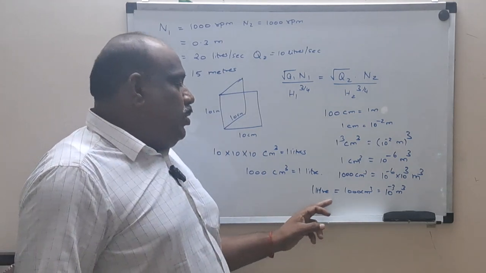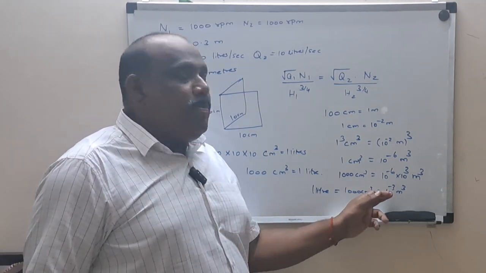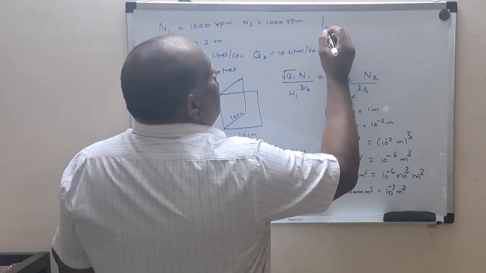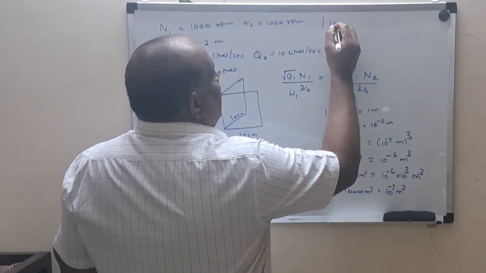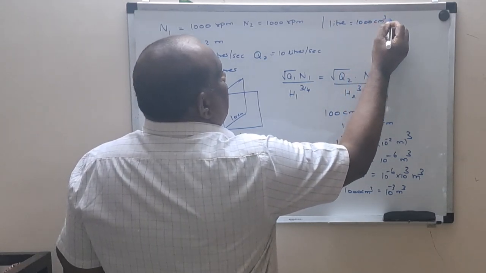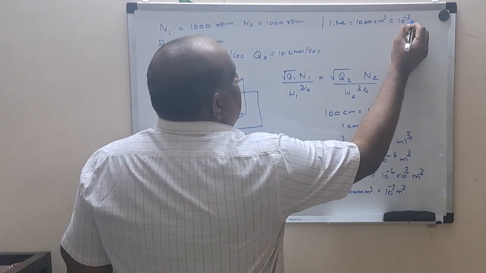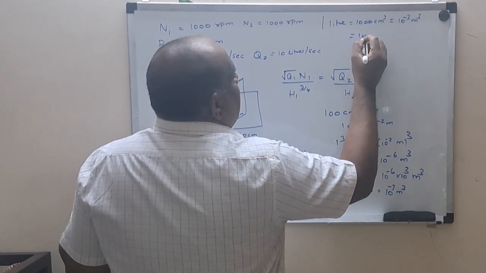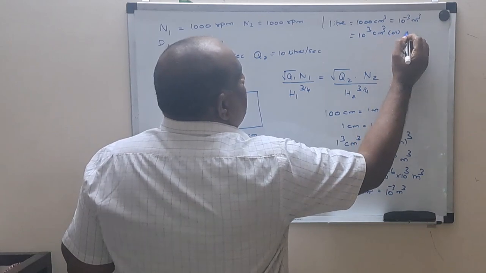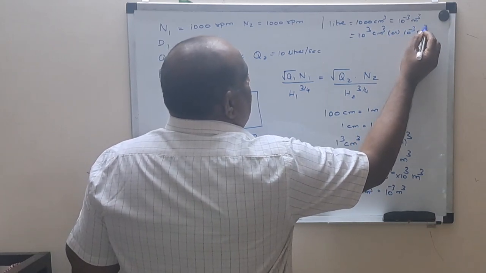So 1 liter equals 10 power 3 centimeter cube or 10 power minus 3 meter cube. Hereafter we will follow this formula. It's very simple: 1 liter is equal to 1000 centimeter cube, otherwise called 10 power minus 3 meter cube.